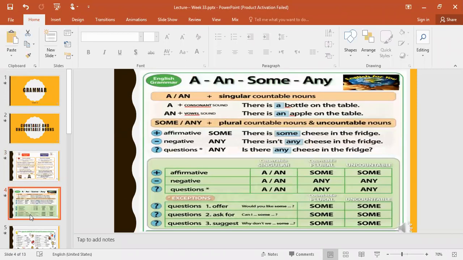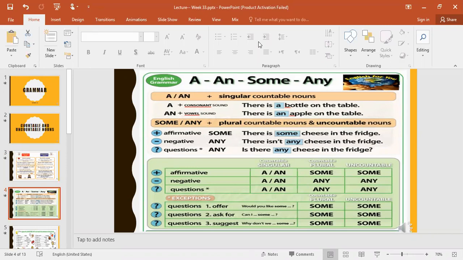Now we are going to make a quick review about these modifiers, which are a, an, some, and any. These are quantifiers. These quantifiers are used for certain reasons, of course. A and an are used for singular countable nouns. For example, when I say there is a bottle on the table, and an is used also for singular nouns.